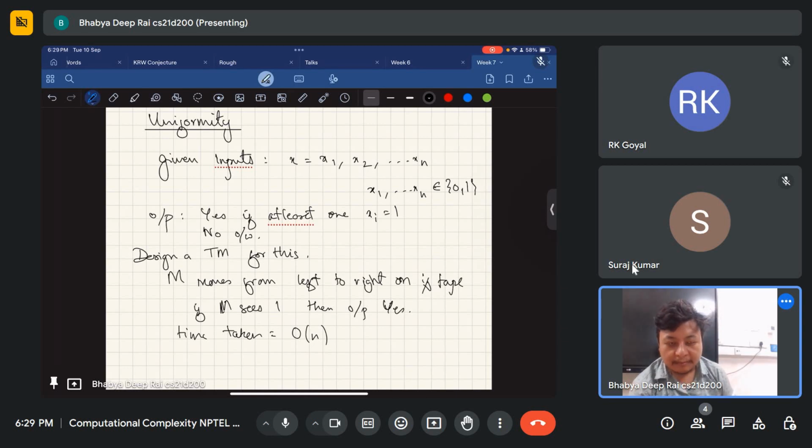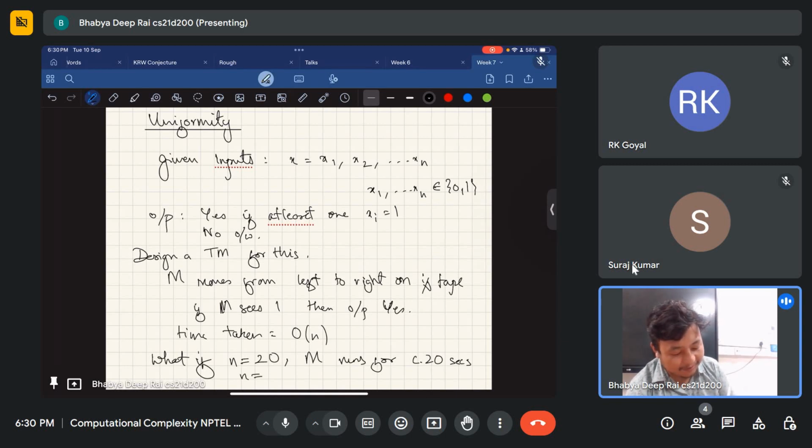Now, the question I ask is, what if n equals, say, 20? If n is equal to 20, then M runs for some c times 20 seconds.